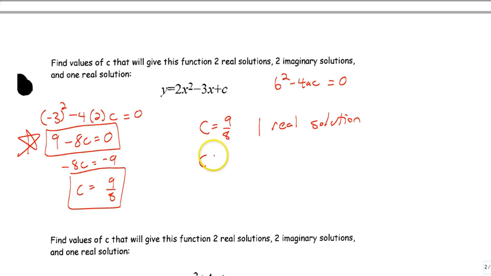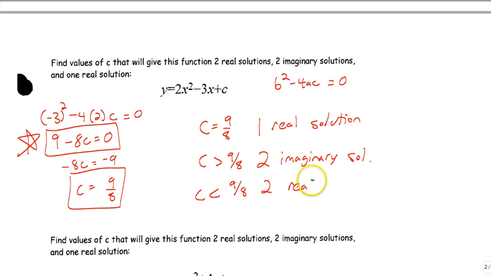So when c is bigger than 9/8, the discriminant becomes negative and you get 2 imaginary solutions. Which means that when c is smaller than 9/8, it'll become positive and you get 2 real solutions. Now we can't split up because depending on what c is, you might get rational versus irrational for the real. So we just say it is real.